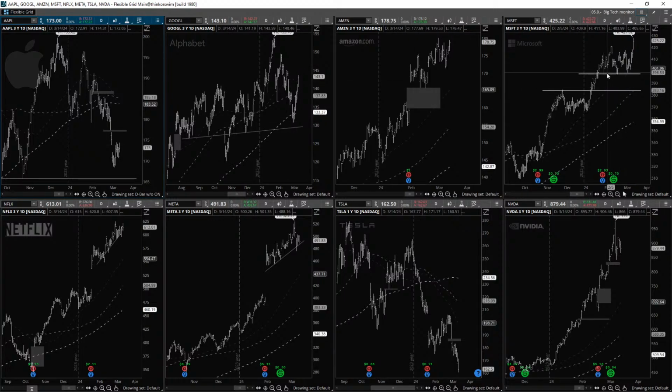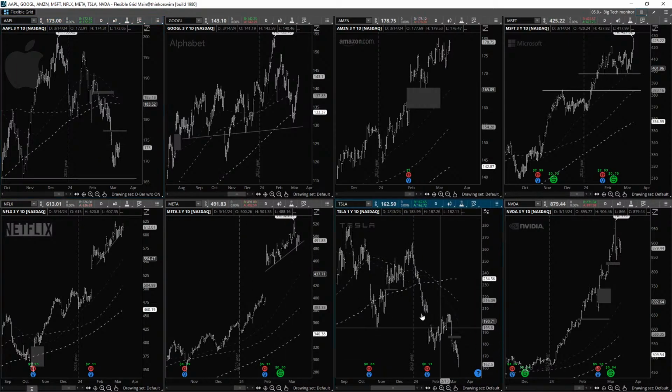Microsoft, I think Google is stronger than Microsoft. I don't like the fact it's buying from the 50s. There may be some other weakness in these stocks, and Tesla has lost. There's some rebalancing in Nvidia. Amazon, I think Amazon is the best one here. All right.